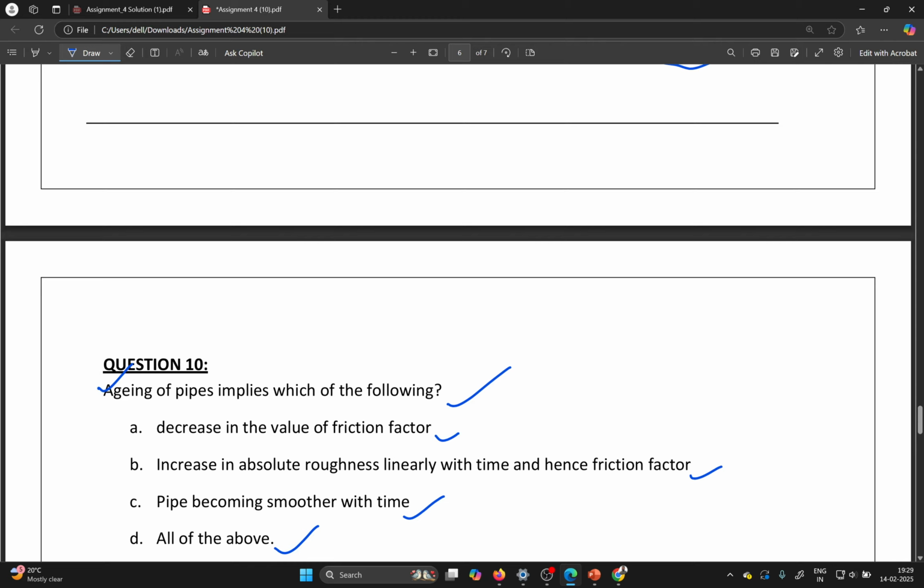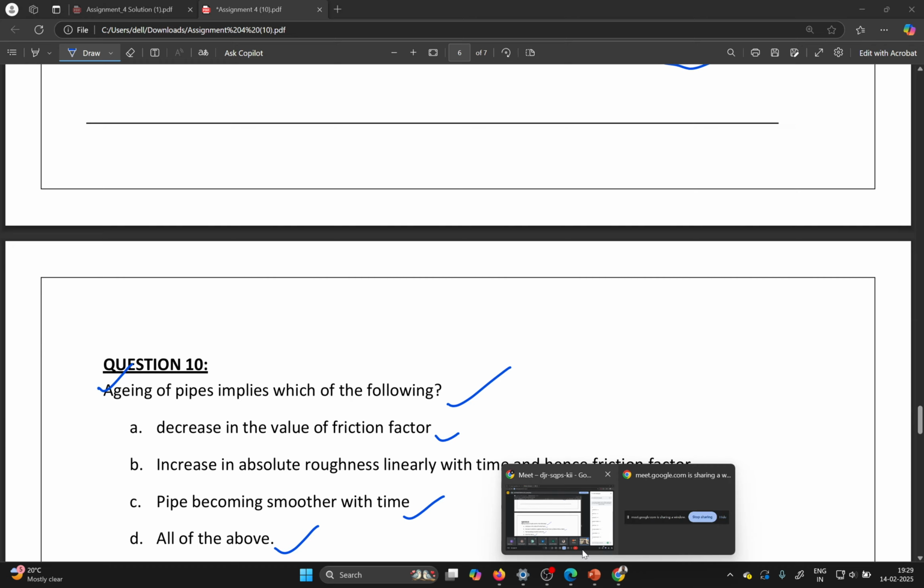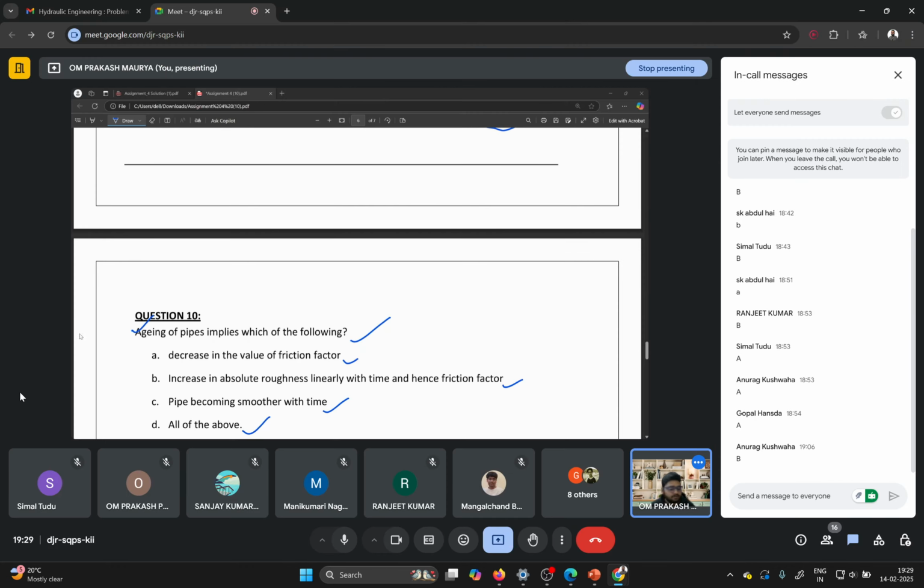Aging of the pipe. So everyone please try to give the answer for question number 10. You have 2-3 minutes for this question. Everyone please think.